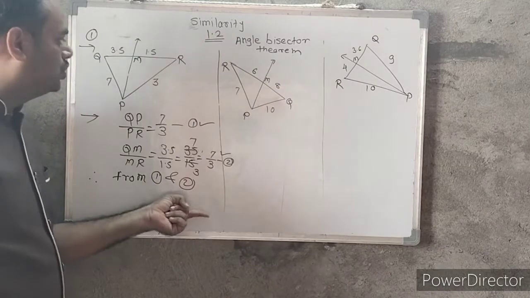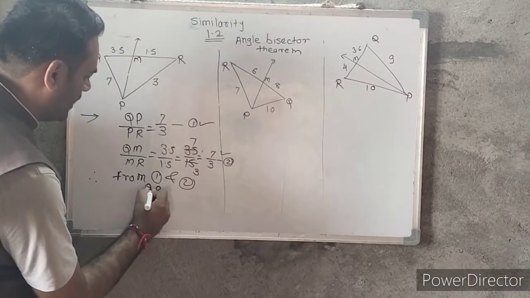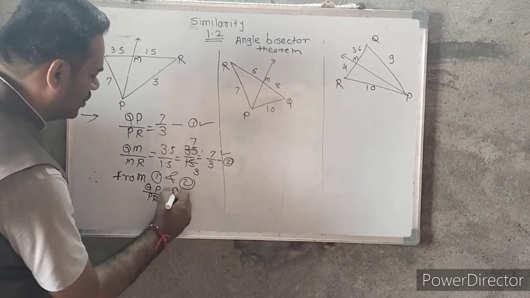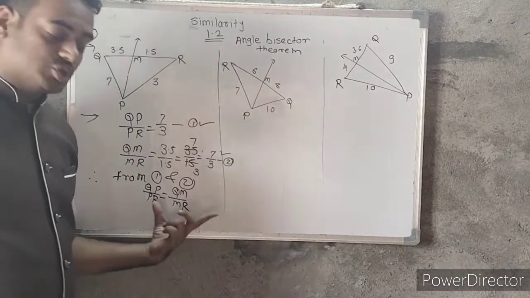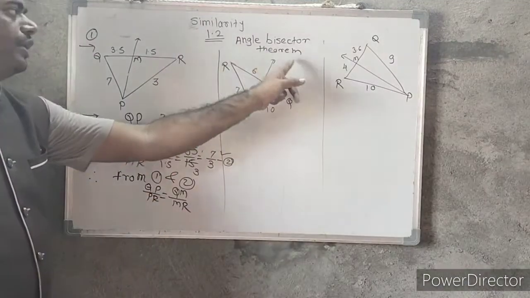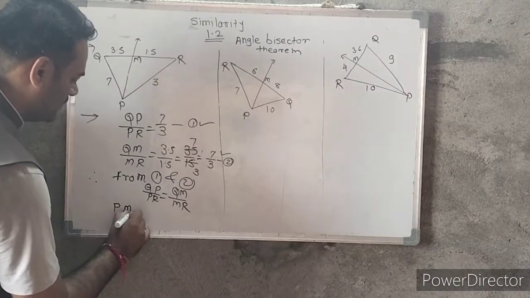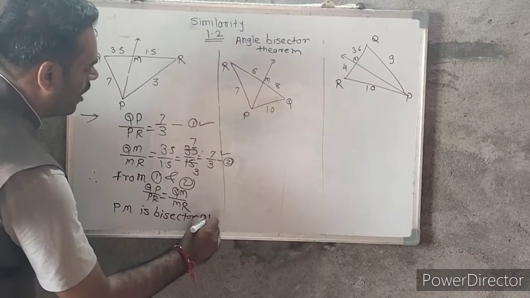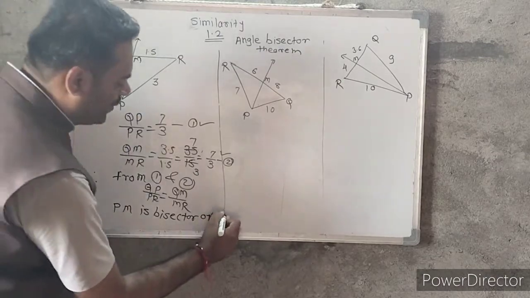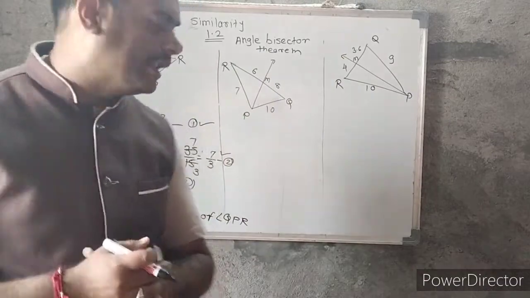So from 1 and 2, you can say that QP divided by PR is equal to QM divided by MR. So according to the angle bisector theorem, PM is a bisector of angle QPR.